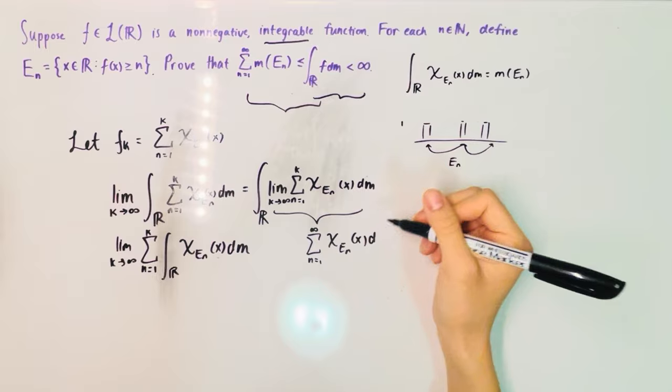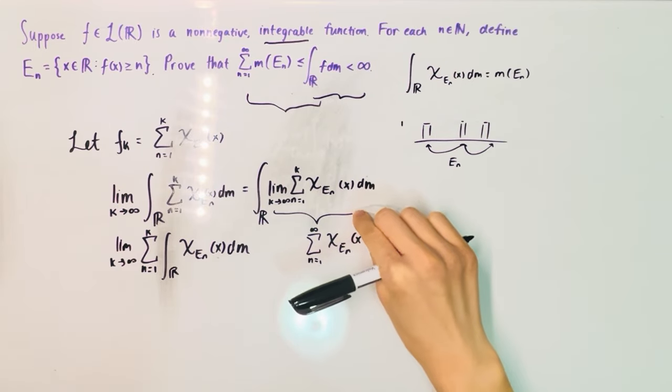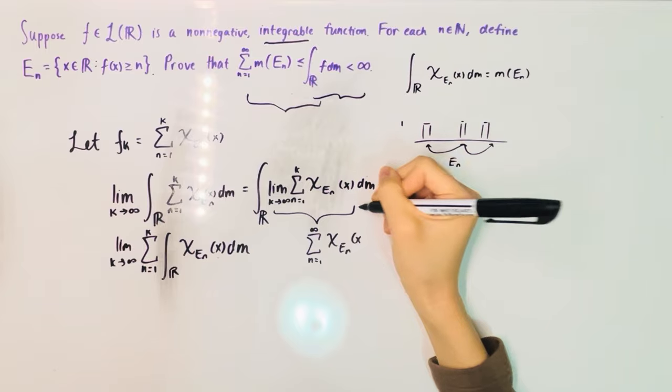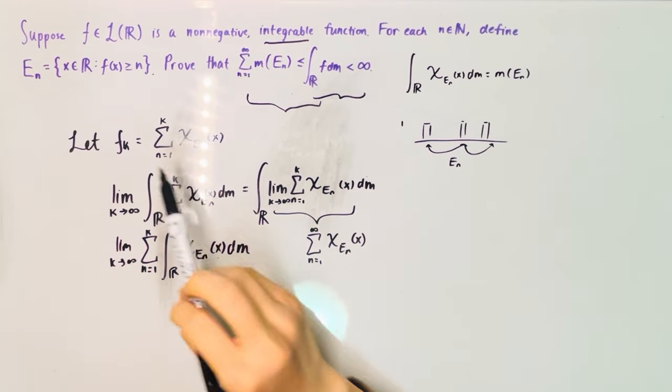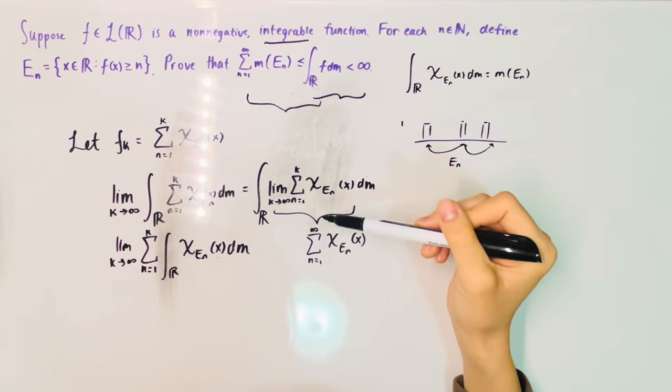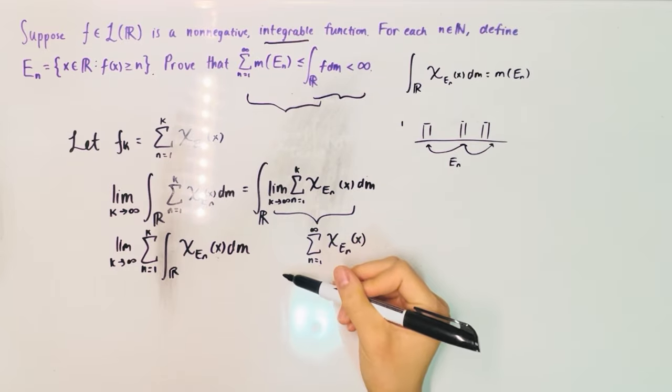And notice that this is just another way of writing the floor function of f. Why is that? Well, think about summing the values from 1 to infinity of chi of E_n for a given x.